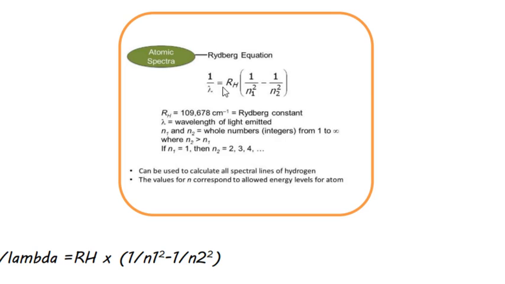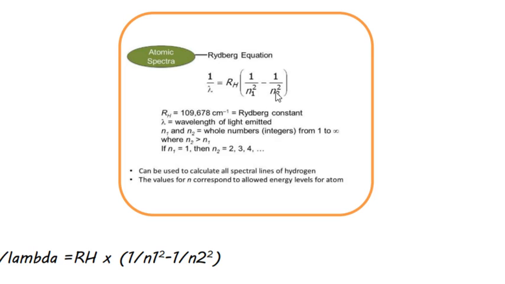The Rydberg equation is 1 over lambda, where lambda is the wavelength of light emitted, equals RH, the Rydberg constant, which is 109,678 1 over centimeter. We usually convert this to meter in our question. Then 1 divided by n1 square minus 1 over n2 square. This is the indication of the atomic levels the electron goes from and into.